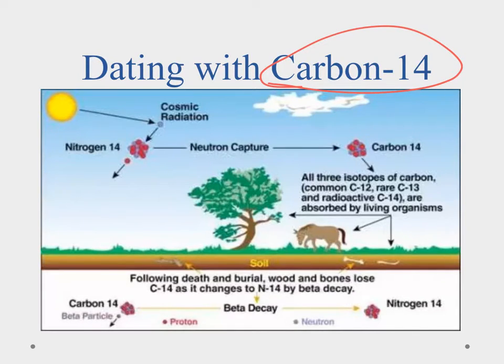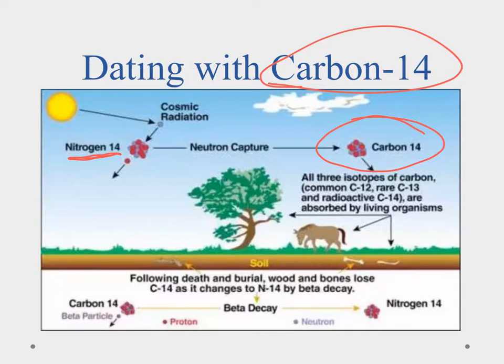Now, perhaps the most common one that you've heard of is this carbon-14 dating here. And carbon-14 is kind of interesting. What we have is nitrogen-14 out in the atmosphere, and we have cosmic radiation. So radiation from the sun is going to cause neutron capture, and that's what's going to form this carbon-14. Now, carbon-14 is going to be taken in by animals through breathing, through eating, all of that kind of stuff.